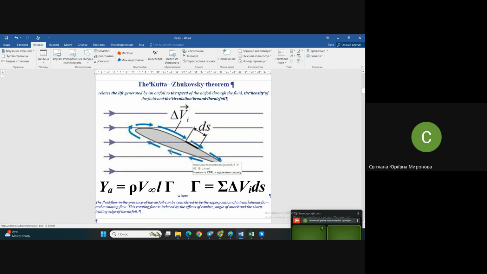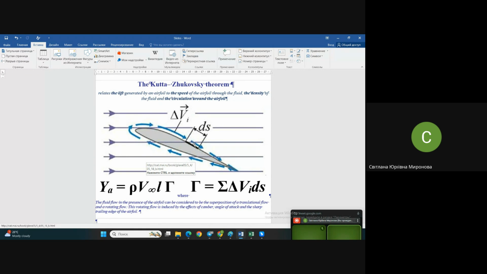This closed contour is represented, you see, like P, and this contour length, the whole length, is given in the next formula that we see as the first one for the lift.